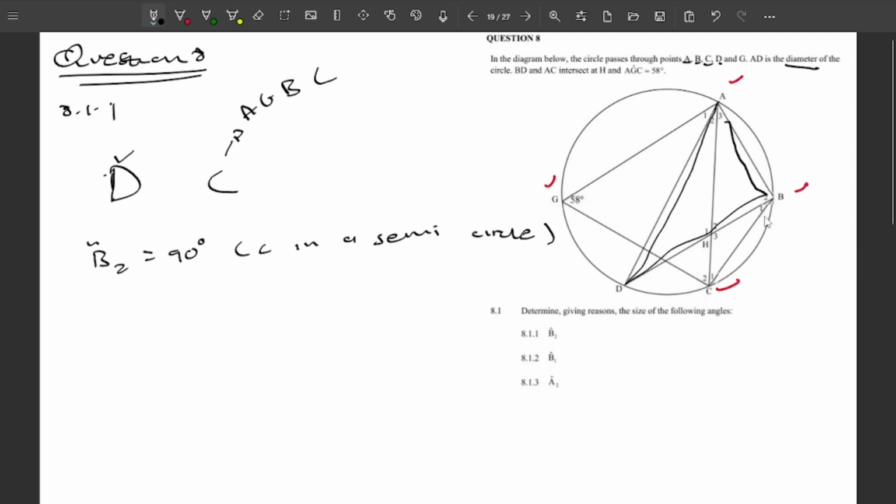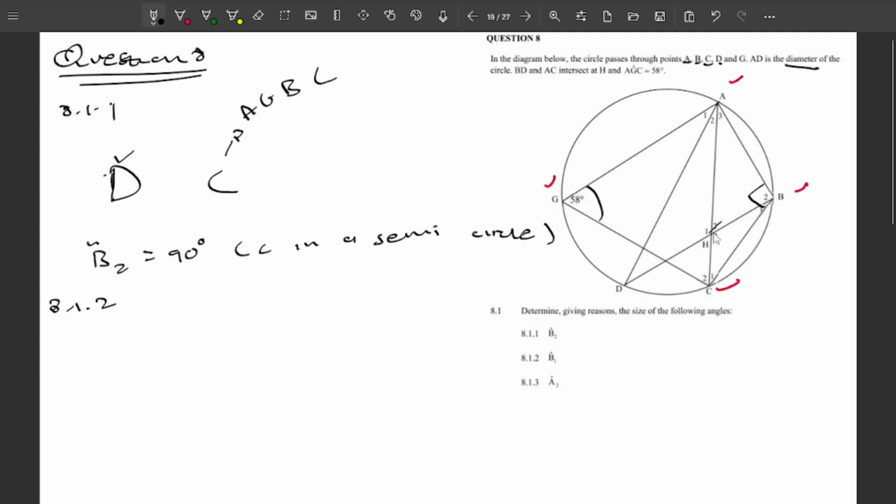Now for 8.1.2, it states find angle B1. How can we find it? It won't be a problem because we know that we have a cyclic quad AGBC. If we use that opposite angles in a cyclic quad are supplementary, we are going to get angle B1 because we have angle B2, which is 90 degrees.